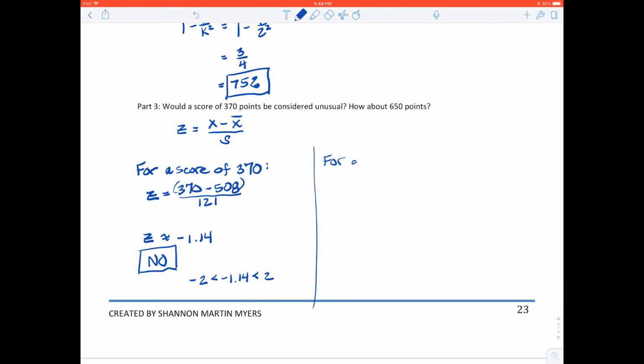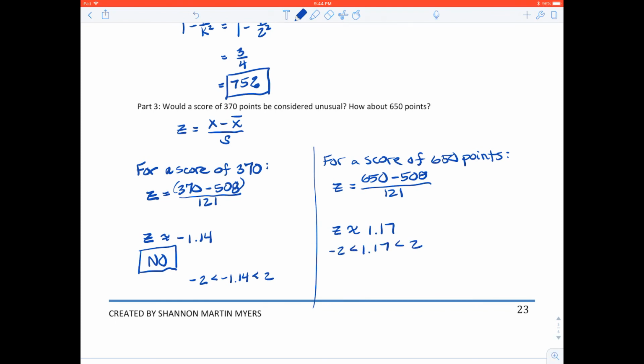So for a score of 650 points, we would have z equal to 650 minus 508 all over 121, and that ends up being approximately 1.17. Again, negative 2 is less than 1.17, which is less than positive 2.